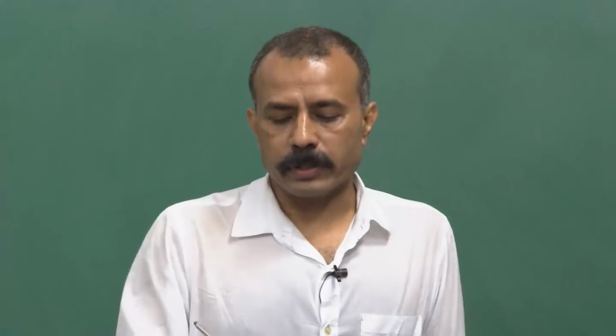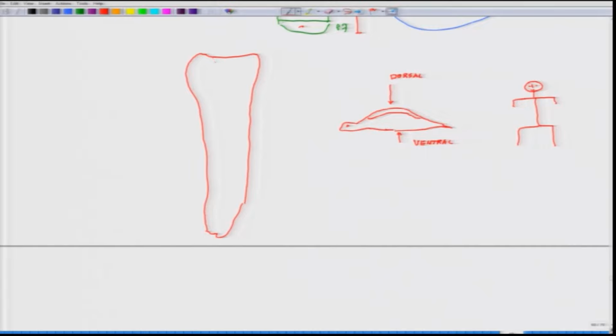So, it is very interesting, the spinal cord is kind of like this. Just like you have done paper folding, you fold this wherever I drew the line. So, what you get is something like this, right? After folding, you will be getting something like this.